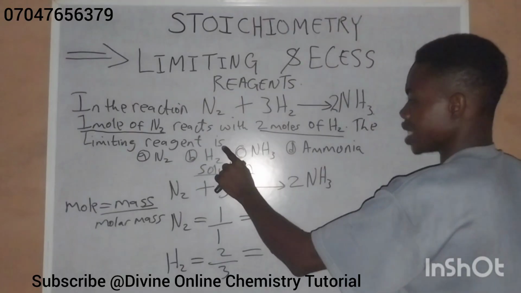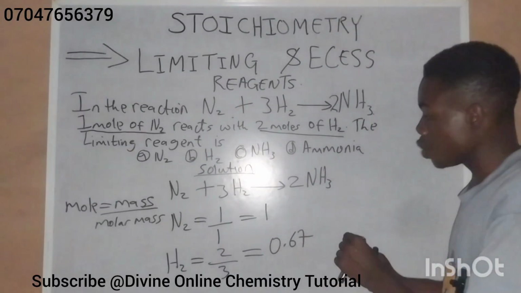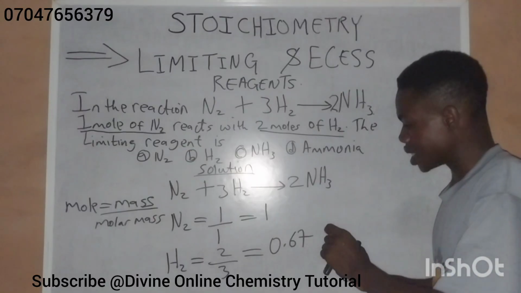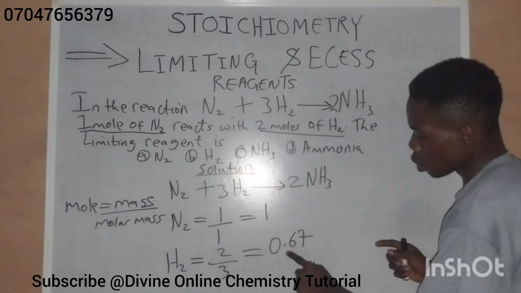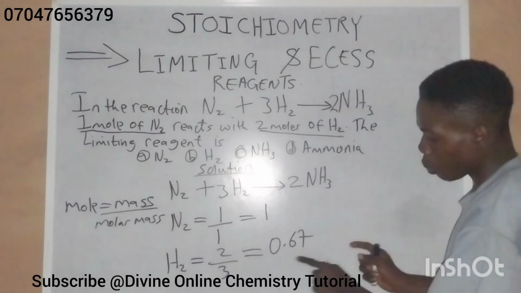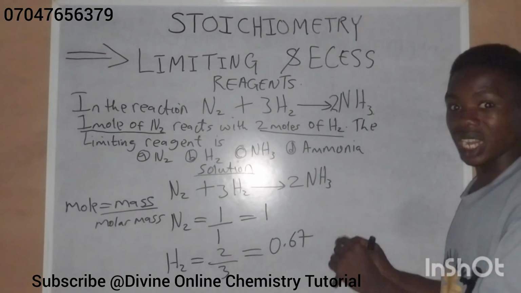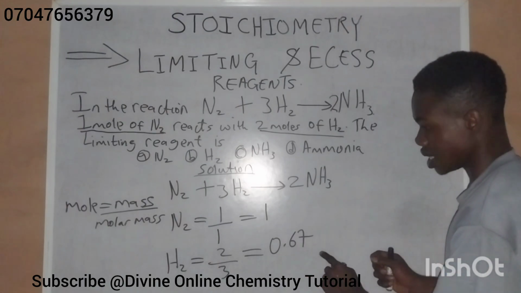Now, because the question says the limiting reagent is what we're looking for, the limiting reagent is the one that's always lowest. If you look at it, 1 and 0.67, which one is the smallest? It's 0.67. Since 0.67 is the smallest, it means that our limiting reagent is 0.67.